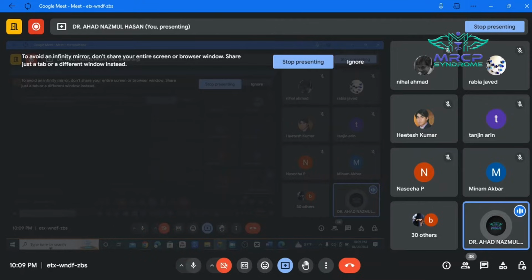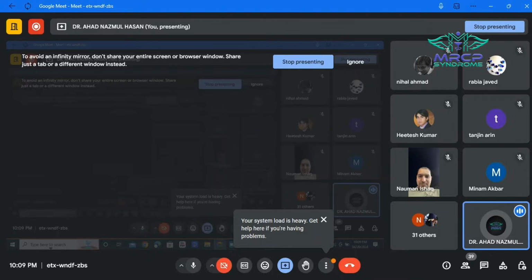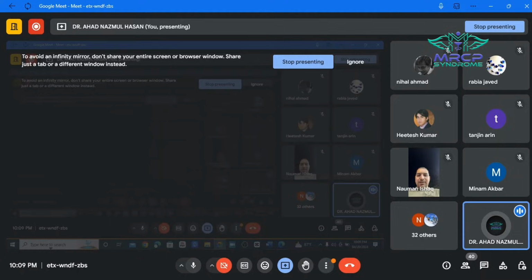So isolated radiology or imaging should be around 28 to 33. And if you add everything, it should be around 38 to 42 out of the 200 questions.